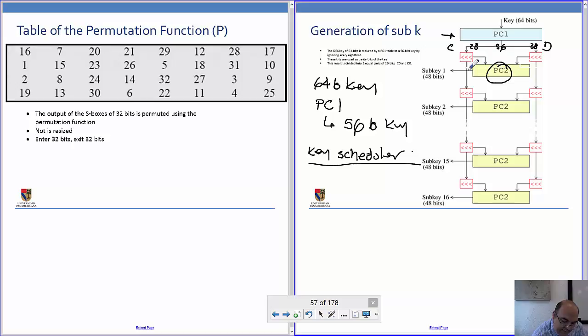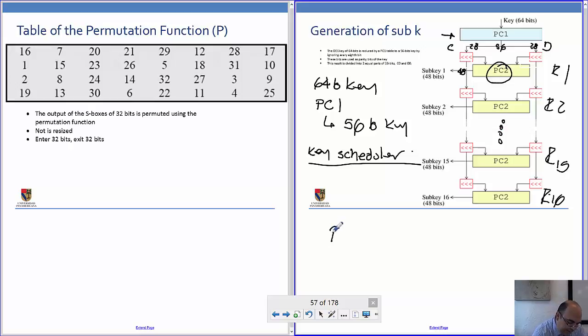We get the input here, and this will give me 48 bits, because this contracts it more. And we have to repeat this for round 1, round 2, up to round 15 and round 16, with many more in between. We repeat the same thing.